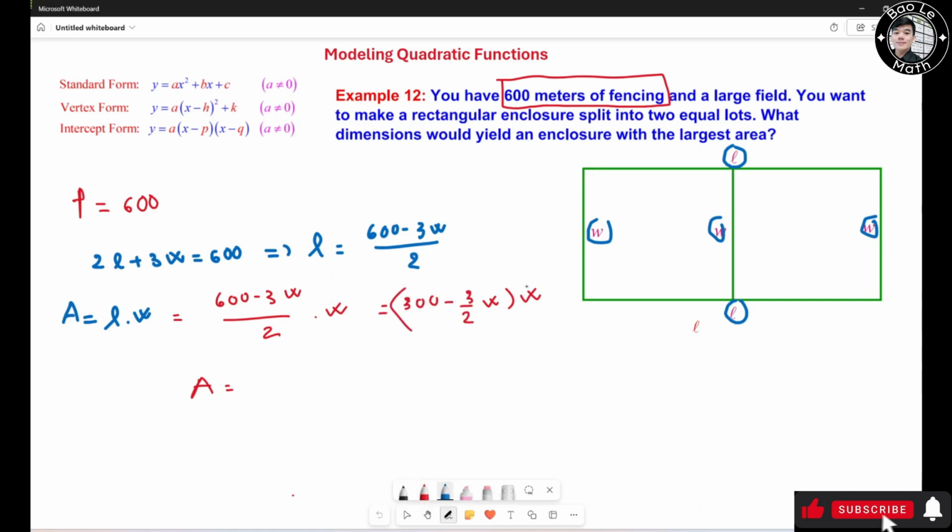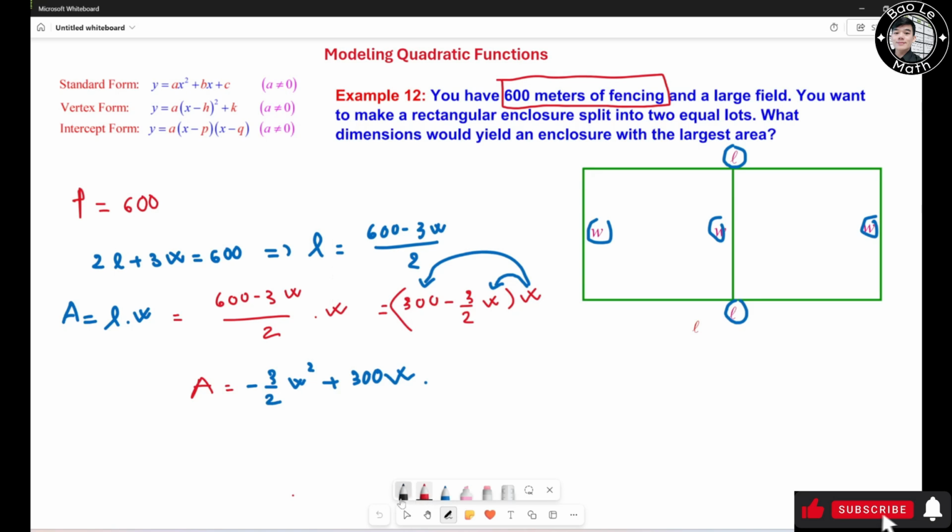W times this one is going to be negative 3 over 2 W squared, and W times this one is going to be plus 300W. Now I need to maximize this area.